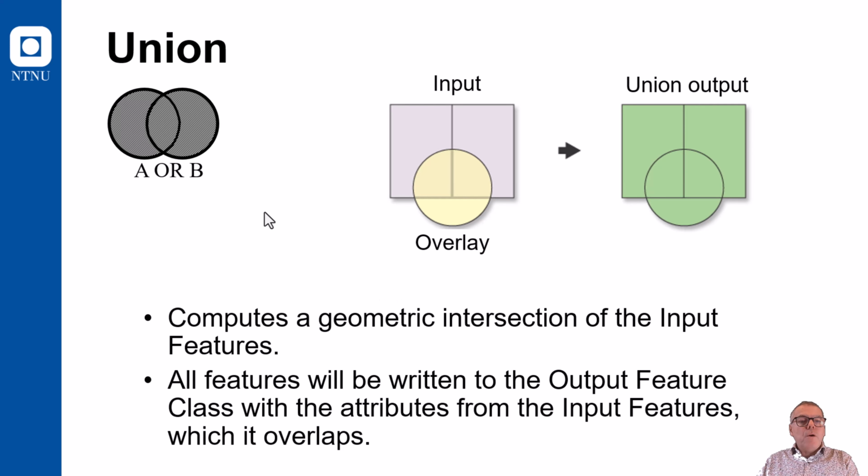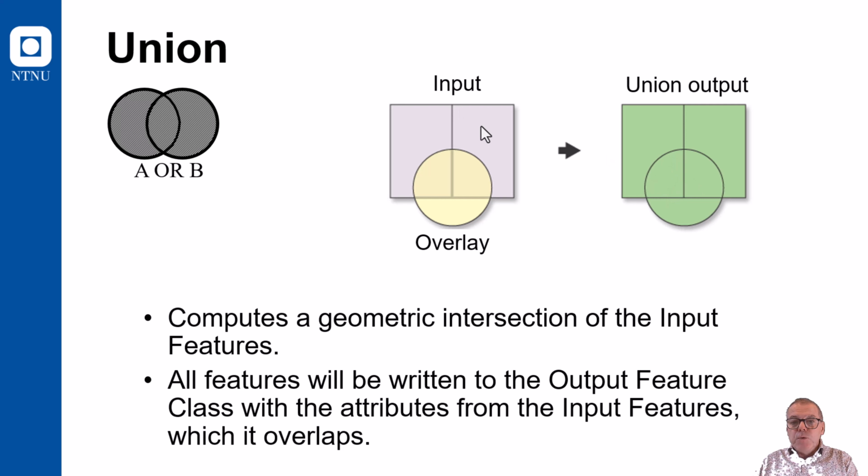The union, or the OR operator, illustrated here with an input layer and an overlay layer. And notice that new polygons are generated because the overlay layer is integrated in the input layer. So you are creating new polygons.